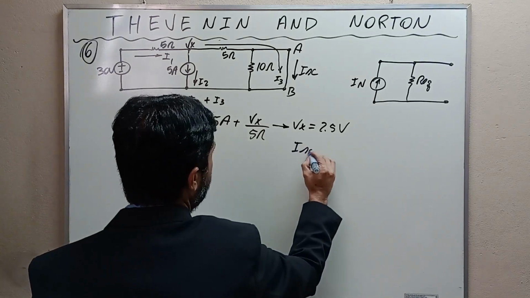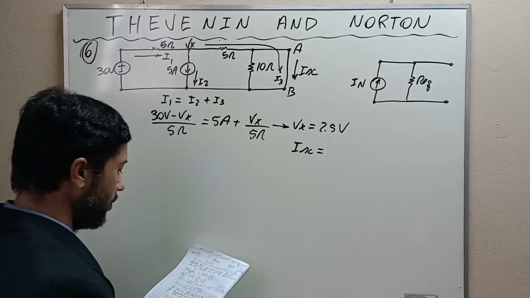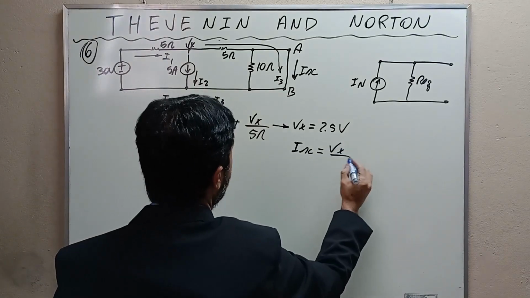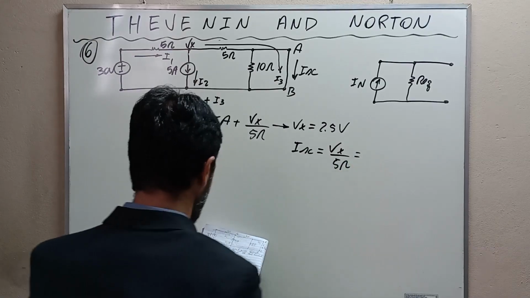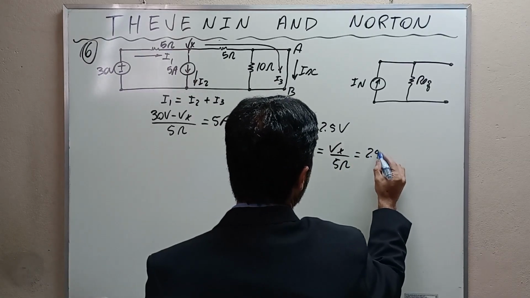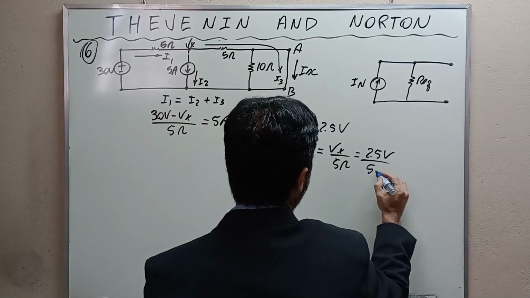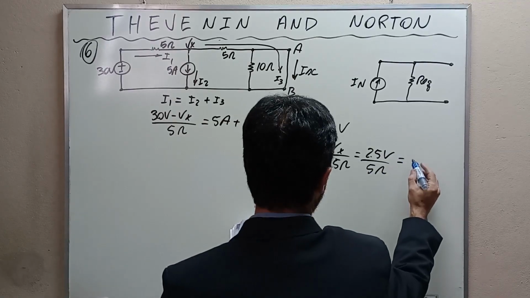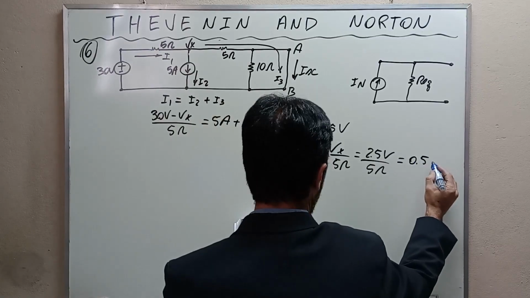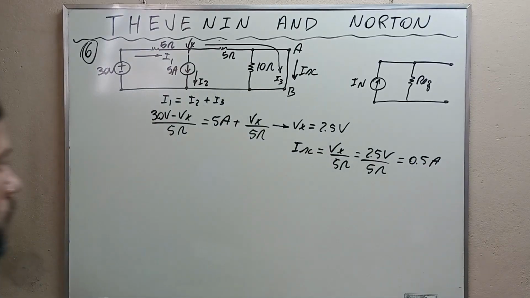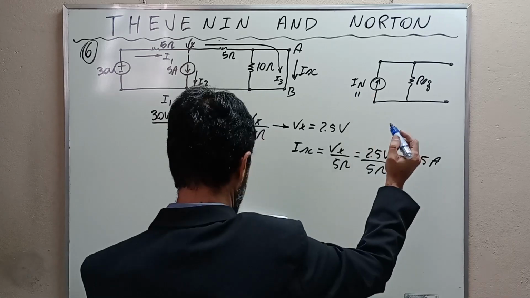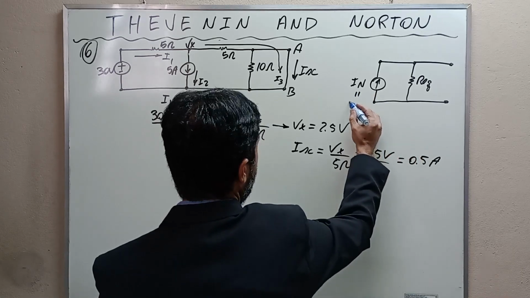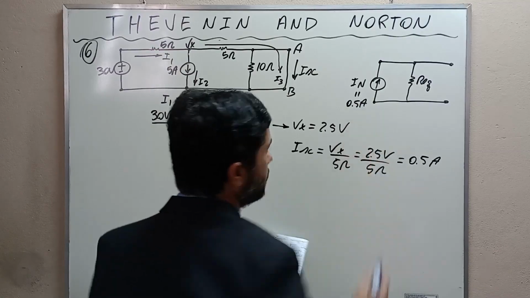Then the short circuit current is Vx divided by 5 ohms, which is equal to 2.5 volts divided by 5 ohms, and this is equal to 0.5 amps. Okay? Then we already know that this current here is 0.5 amps. Okay?